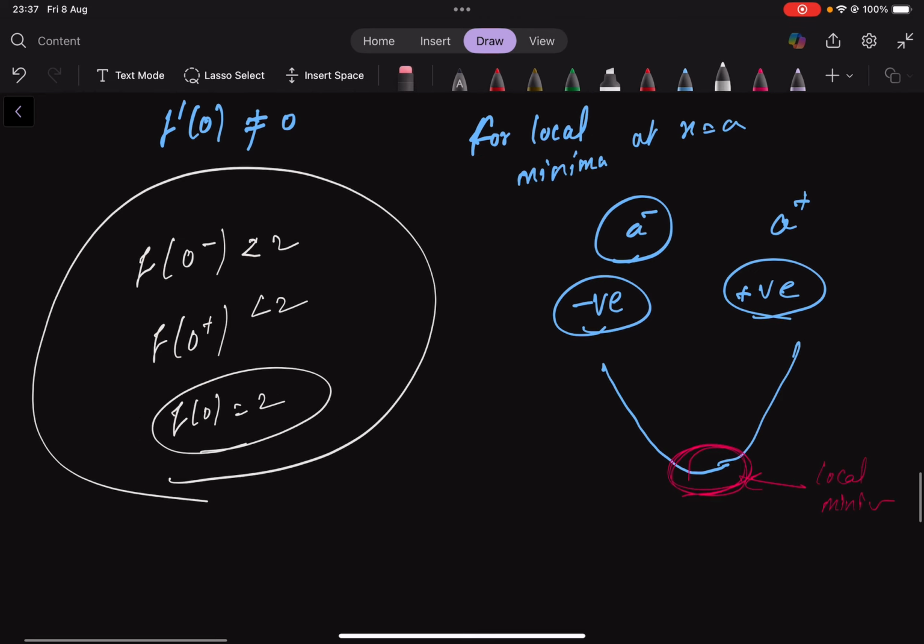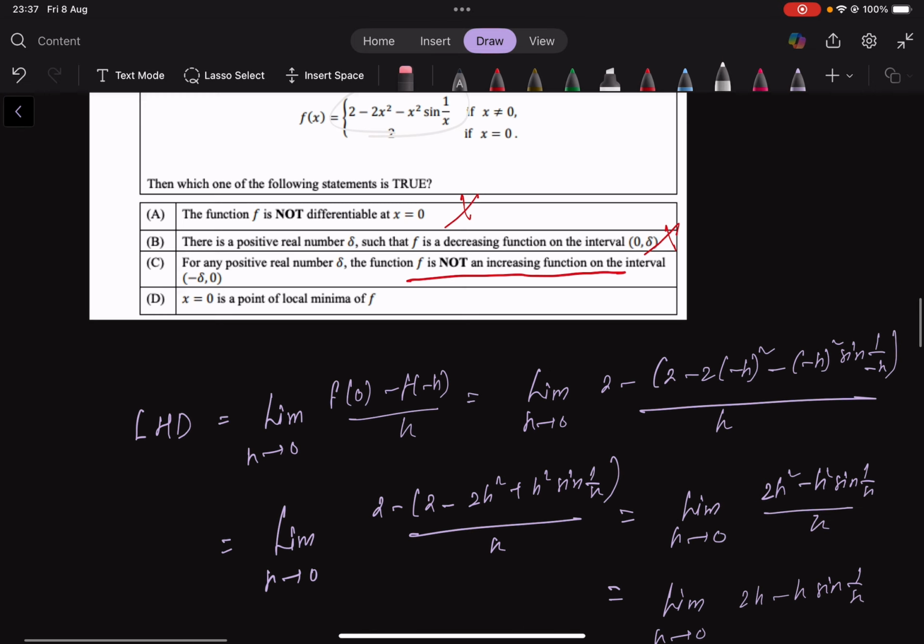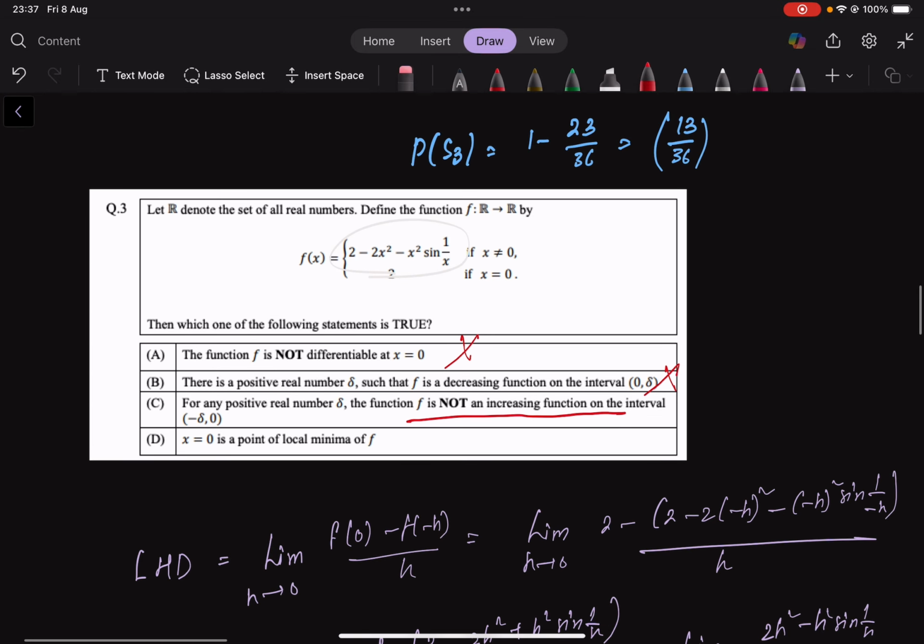So the nature is that it is less than 2, at 0 it is 2, and after 0 it is again less than 2. So it's not local minima for sure, because just before and just after the values are less than this 2. That's how we can eliminate option D as well, and we can clearly see option C is the correct answer for this.